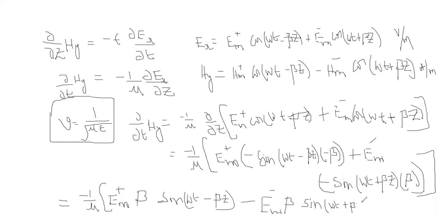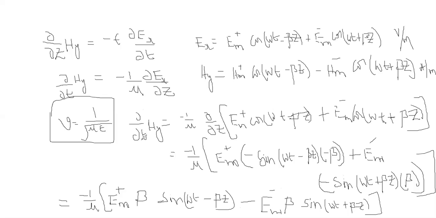Okay, now in the right hand side, we got Em plus and the beta, and minus Em minus into beta. Now both the terms are in terms of the sine function.